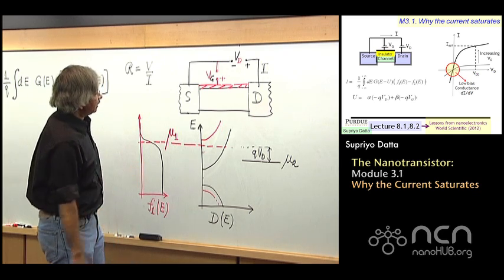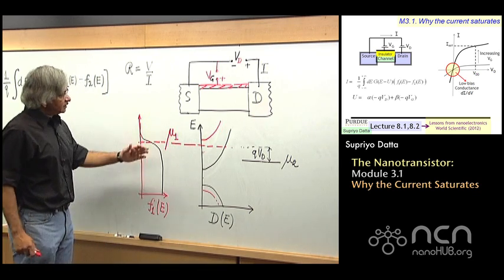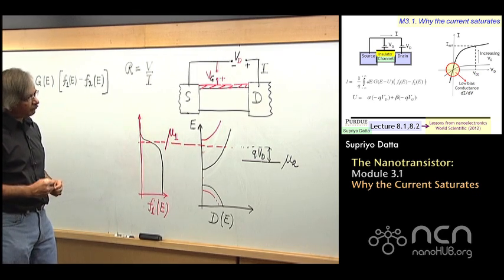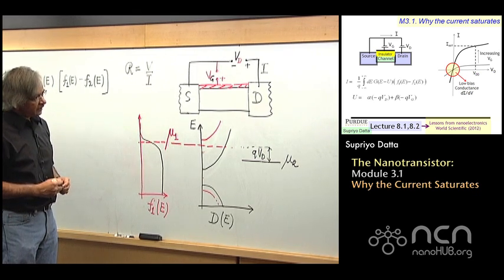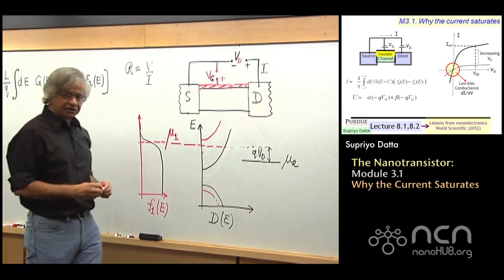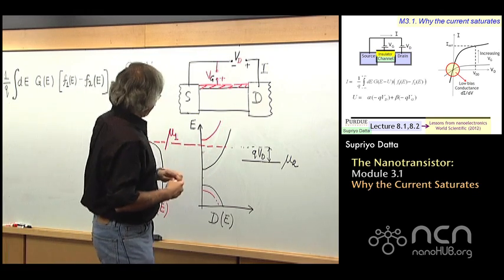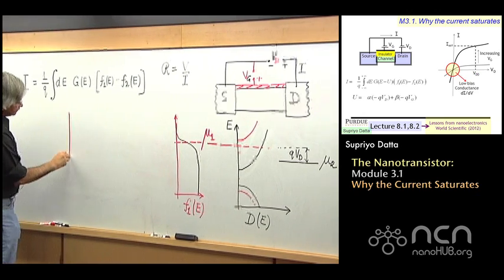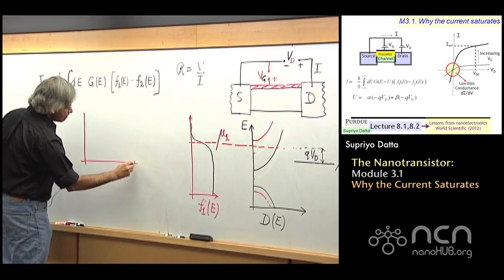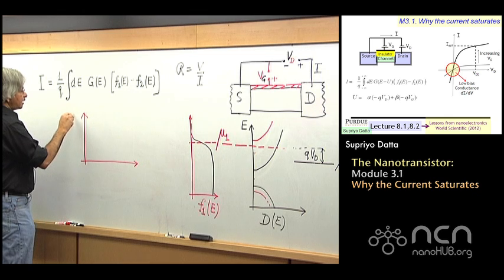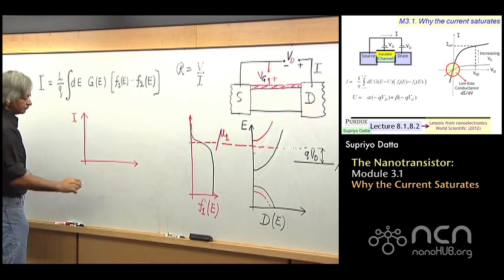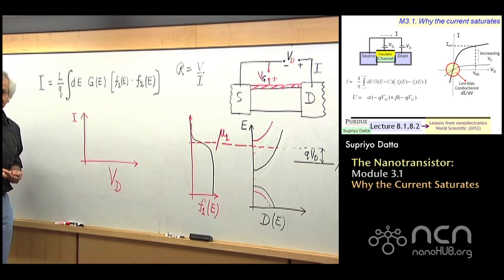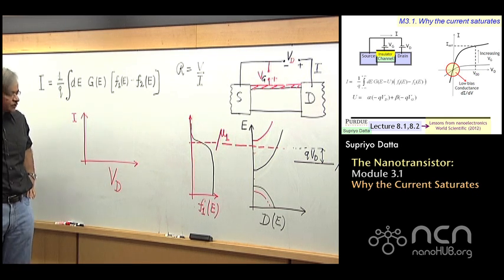Now, when discussing the operation of a transistor, the picture that often people draw is this current versus voltage. And I guess it would look something like this: I versus V sub D. So now you have two voltages, so you have a choice.